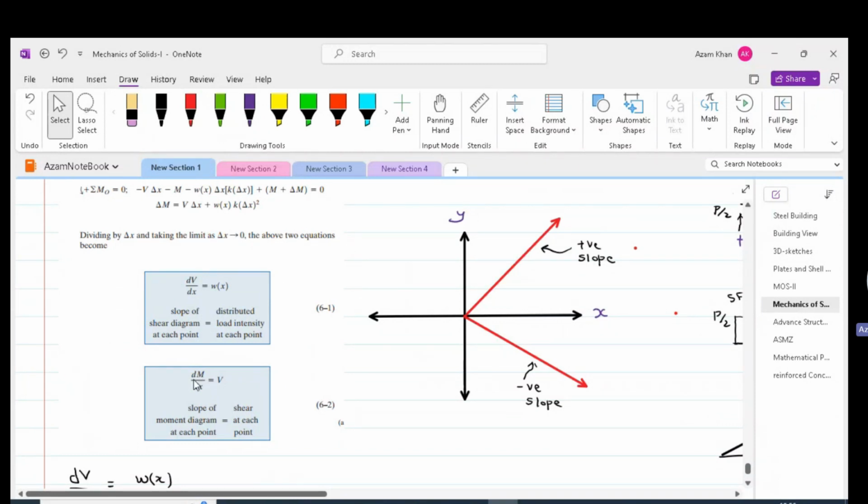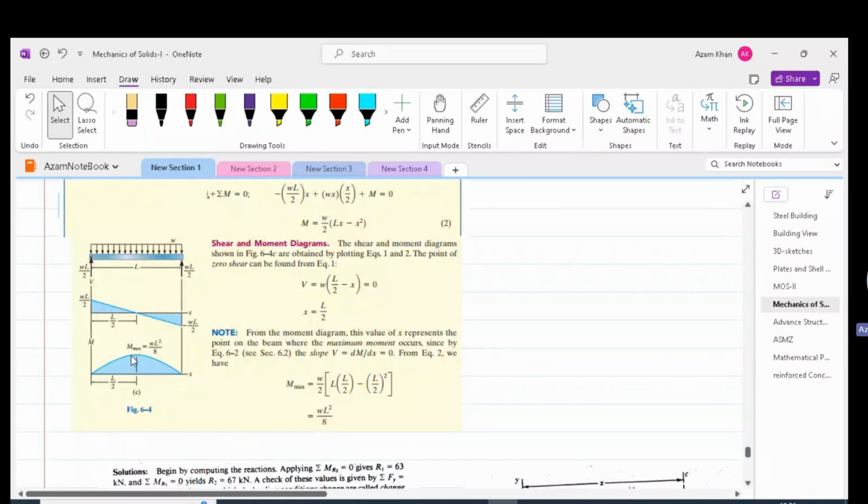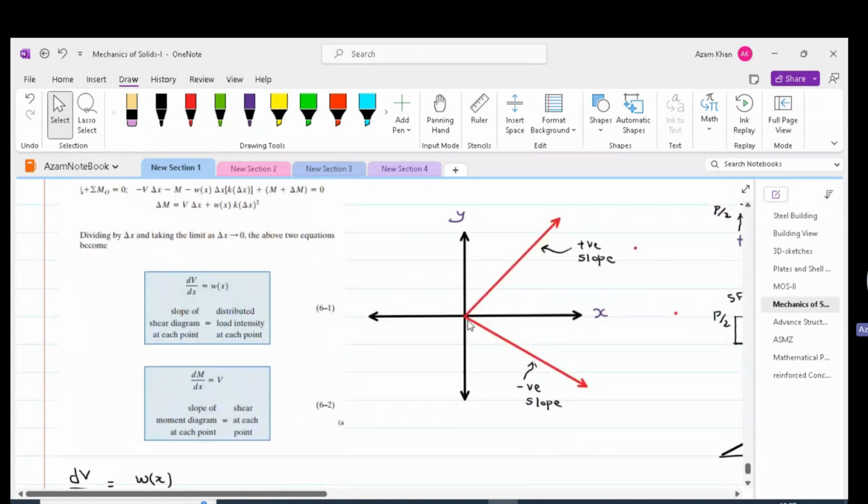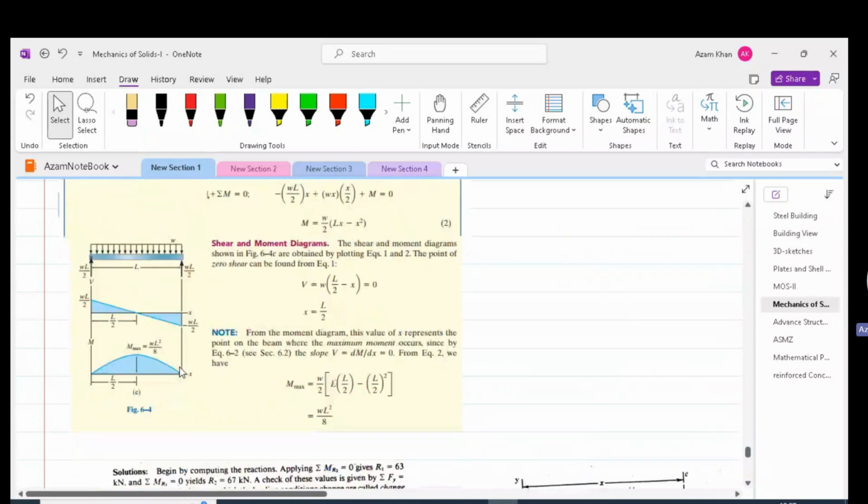And we can see over here that the slope becomes zero. After that, the slope becomes negative. So as per our convention, the negative slope is in this direction, and we can clearly see a negative slope and its value increasing as we move toward the right support. And this is because our shear value is increasing in the negative direction.